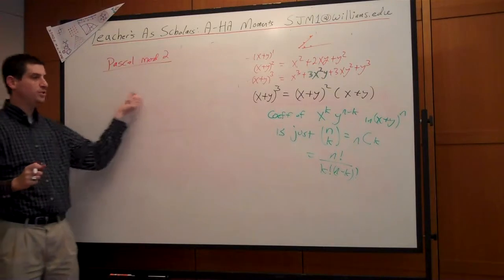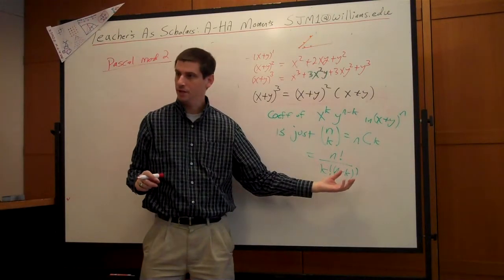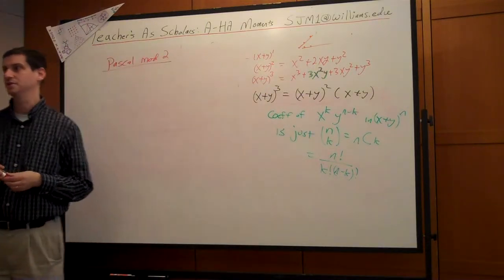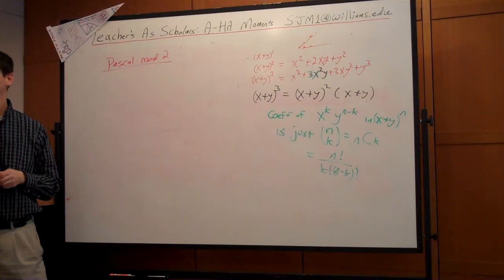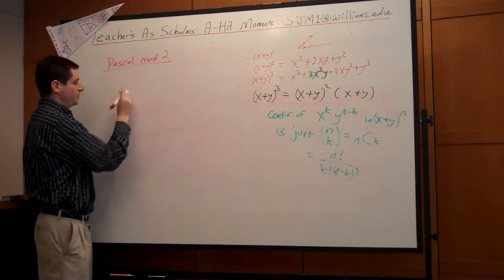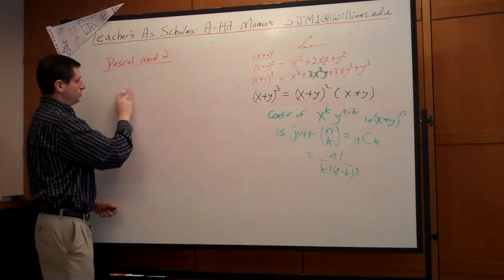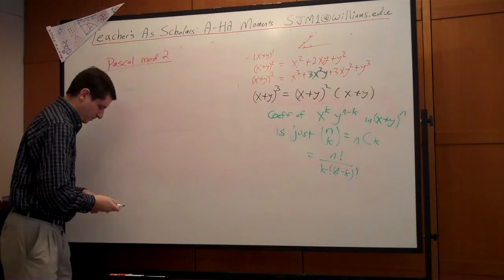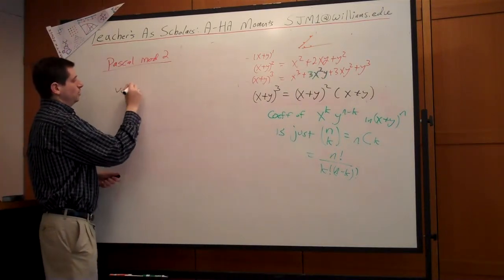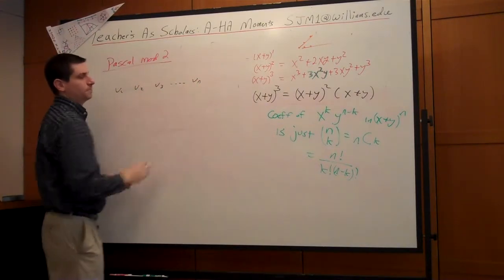Well, one way is I could compute each coefficient. I could use my n choose k formula. And then I could look and see is it even or odd. But that's very expensive. So a much cheaper way of doing it is if I know the values of a given row, and I'll use black. So let's say I know certain values, value 1, value 2, value 3, value n.